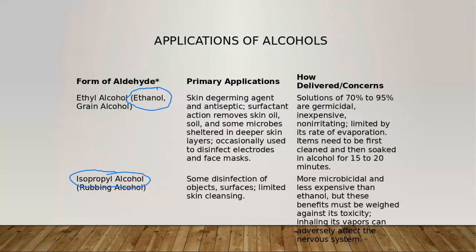It mostly requires a prescription, because ethanol can also be used for drinking. But isopropyl alcohol has a very bad smell, so people don't really drink it, and it is also considered more toxic to humans than ethanol, because it has a bad flavor compared to ethanol.